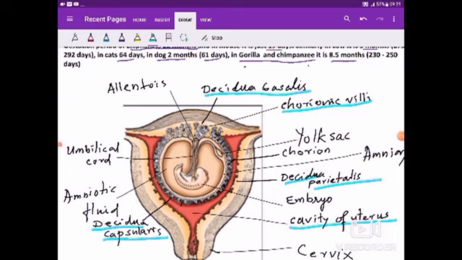And that means there are extra embryonic membranes, which are the amnion which is covering the fetus, and this amnion secretes a liquid that is called amniotic fluid that surrounds the fetus, and this amniotic fluid protects the baby from the external shocks and pressures.